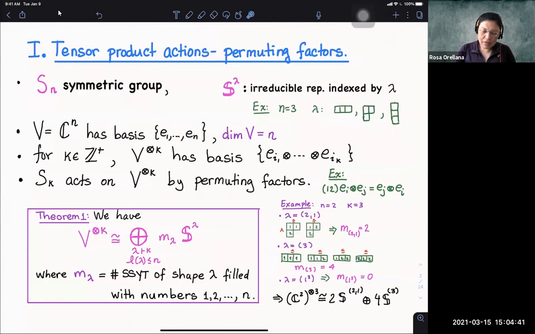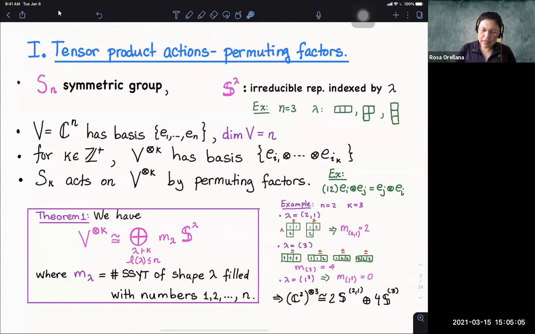Okay, so when you have a group action, the group actions that we are interested in are when the group is acting on a vector space. Here we can make it very concrete and choose a basis, and you could think of this as the standard basis if you like. Then we know that it has dimension n.